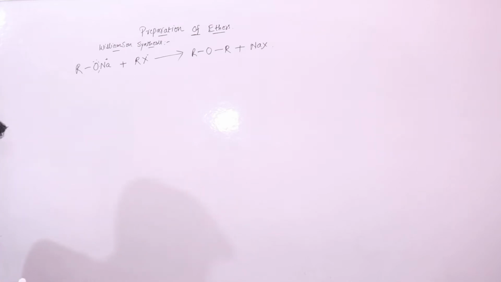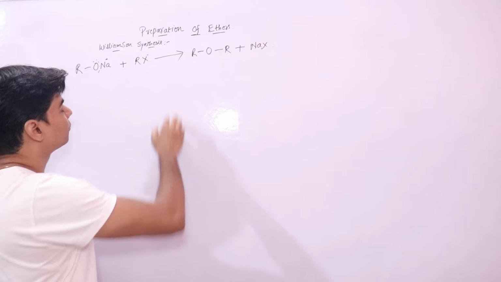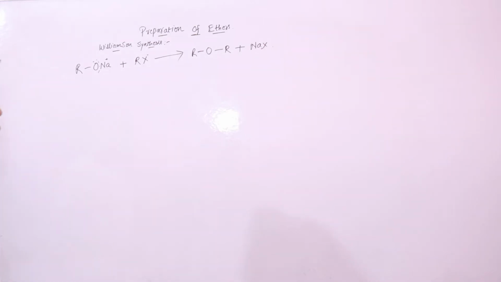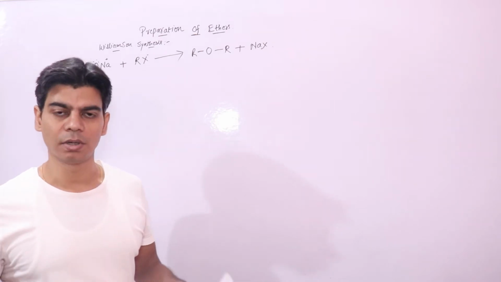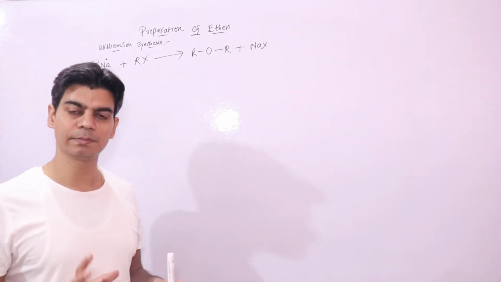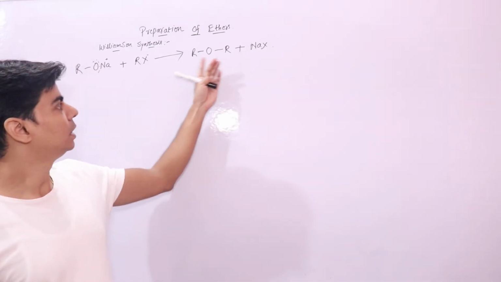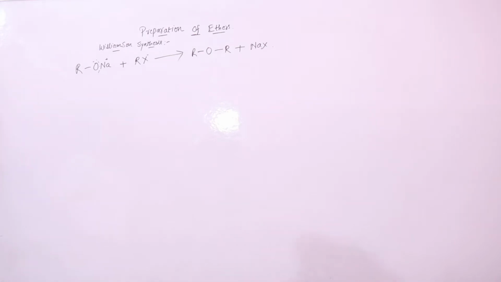Now the important thing that you need to look at is, using this method you can prepare simple ethers and mixed ethers. Mixed ethers are those where you have different alkyl groups.